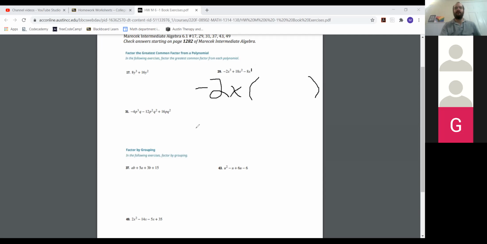What about this next one? I guess it's the 4 again. Yeah, it leads with a negative, so pull out a negative. We need to pull out 4. And then P, how many P's can you pull out?